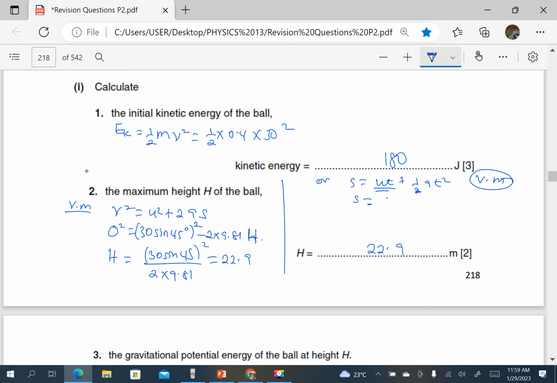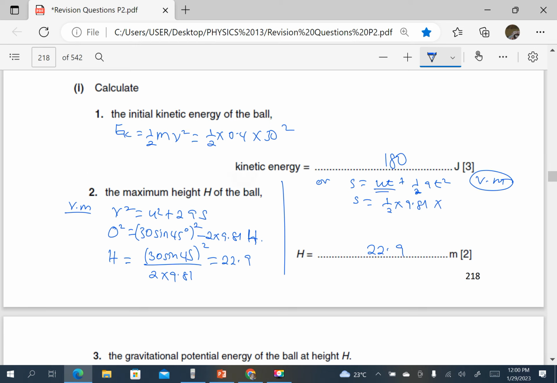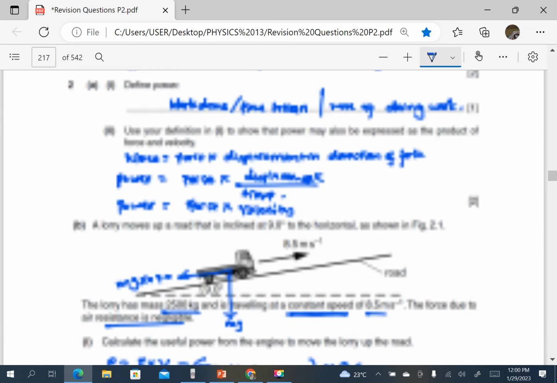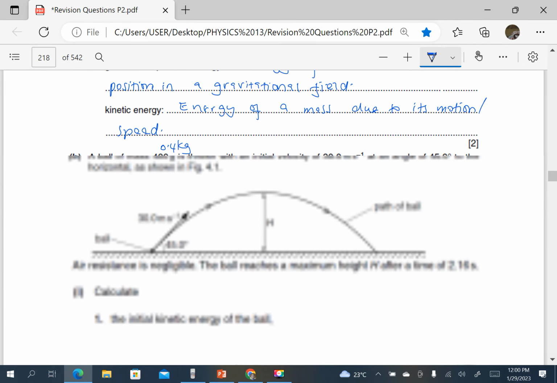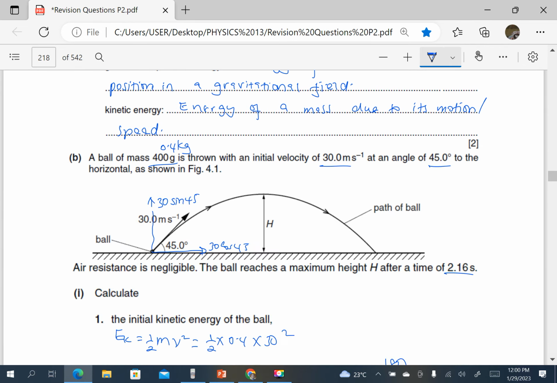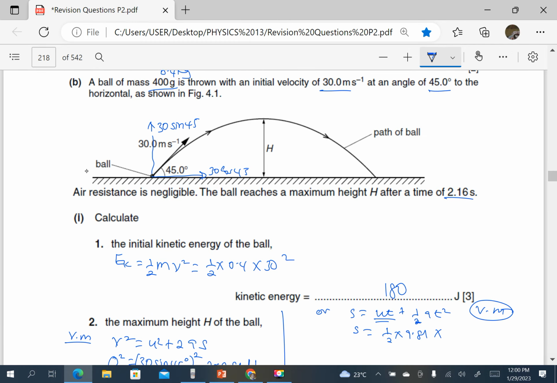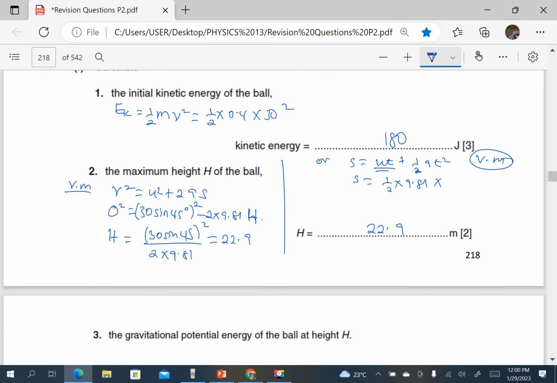So s is going to be equal to a half times 9.81 times the time. The time is 2.16, because the ball reaches a maximum height h after a time of 2.16.